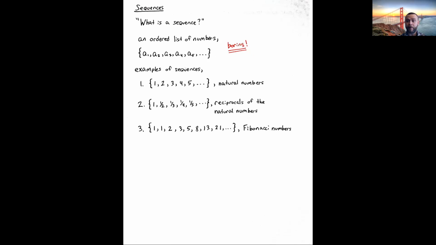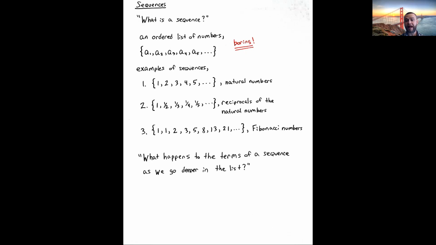And then the third one, probably the most famous sequence of all, the sequence of Fibonacci numbers, where we start with the two numbers 1 and 1, and then add those to get the next term in the sequence. 1 plus 1 is 2, 1 plus 2 is 3, 2 plus 3 is 5, 3 plus 5 is 8, 5 plus 8 is 13, and so on and so on.